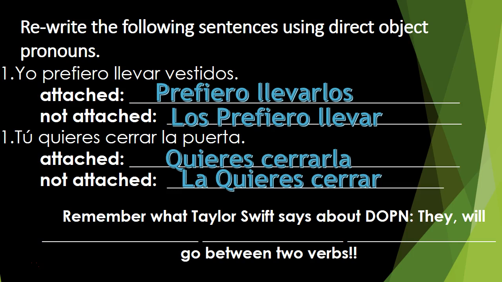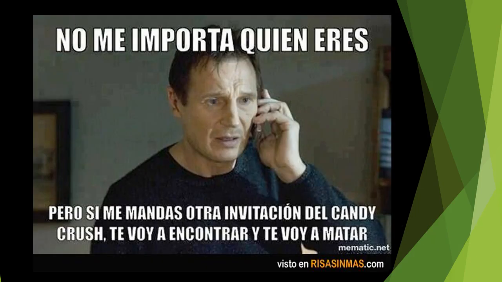Again, both are correct. It doesn't matter which one you choose to do. Remember what Taylor Swift says about DOPNs. They will never, ever, ever go between two verbs. Can't break up those verbs. They're in love. You don't want to get in between that. So DOPNs never, ever, ever go between two verbs.